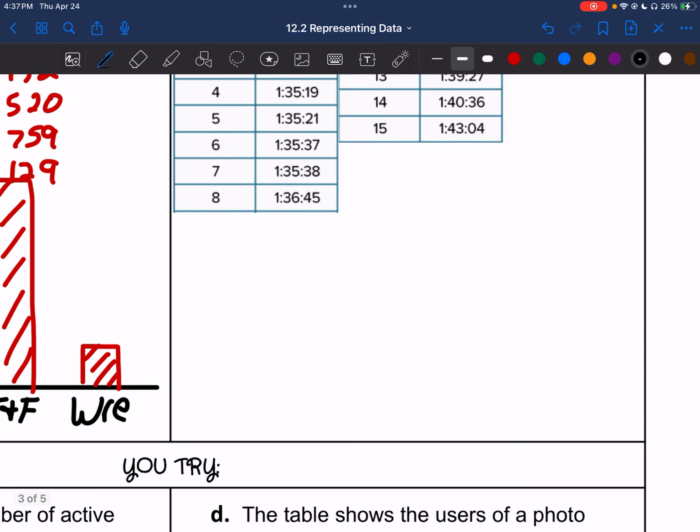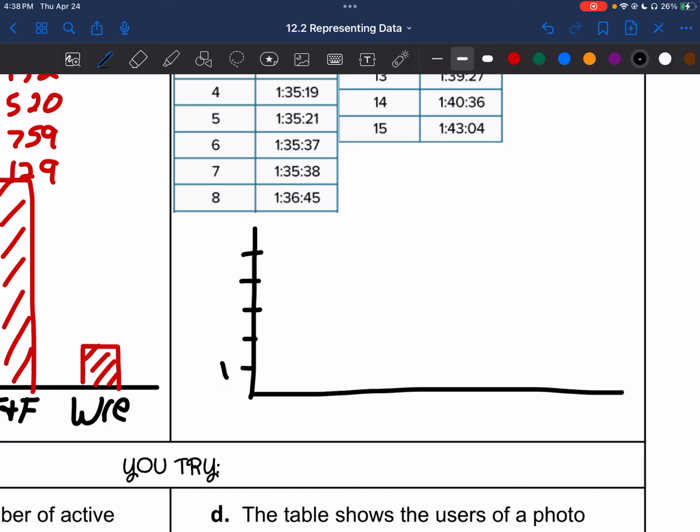So I'm going to make my grid, and we're going to do how many entries there were in there. So 1, 3, 5. And I'm going to set my intervals. We're going to do the start times of my intervals.